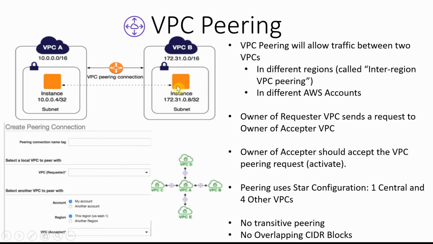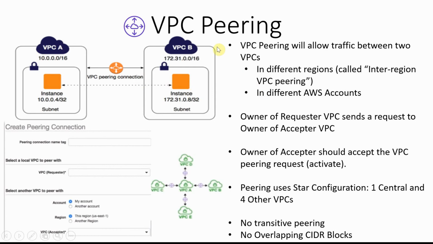In that case, it is typically not allowed. But there is a very common use case where your company grows, and naturally you form new VPCs over a period of time, but you want the instances between two VPCs to talk to each other. That's where VPC peering comes into the picture.